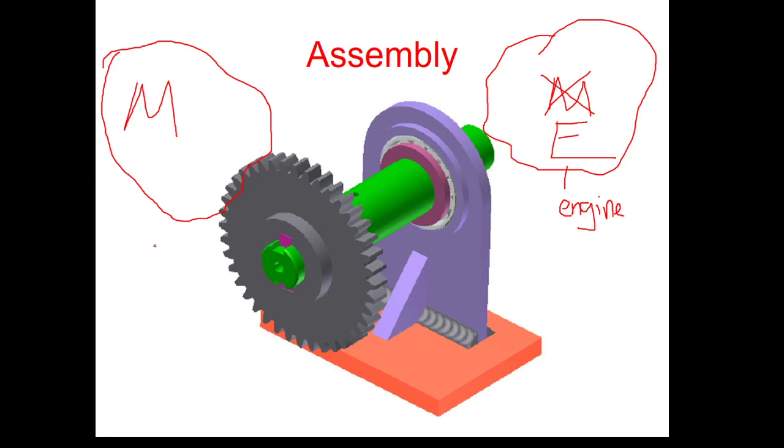There is a mechanism over here. This sub-assembly is to transmit the motion from the engine to the rest of the machine. Of course, while the motion is transmitted, the energy will also be transferred.